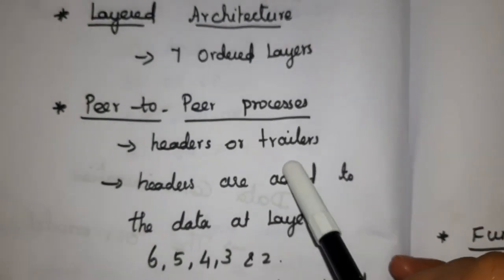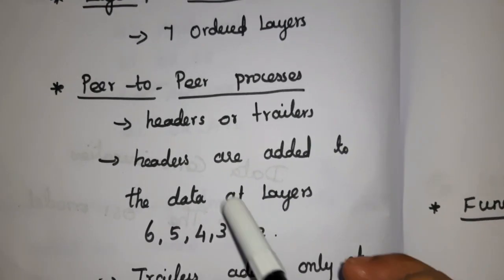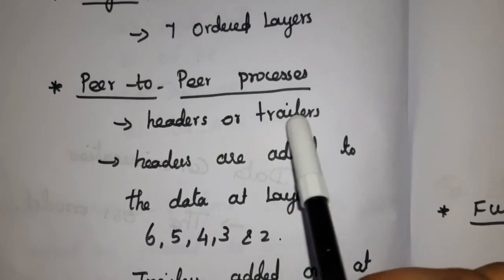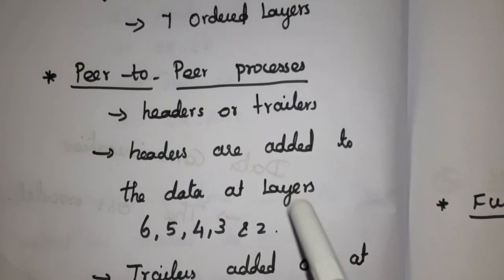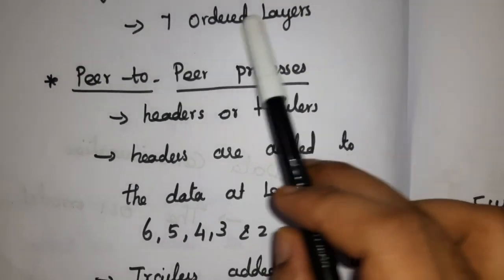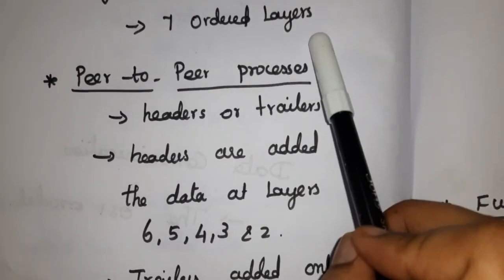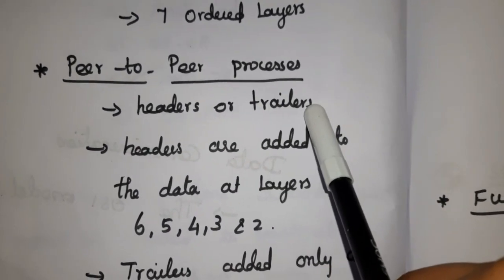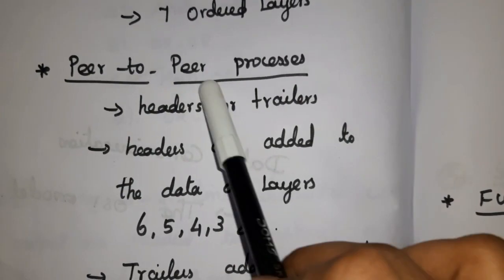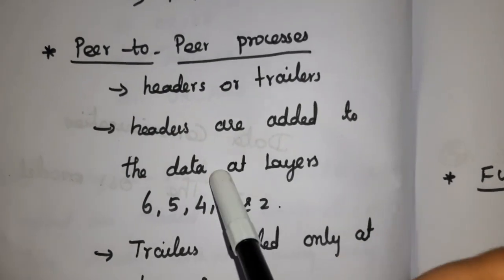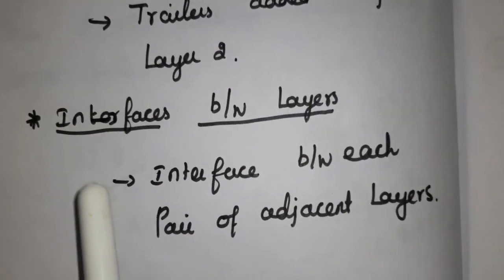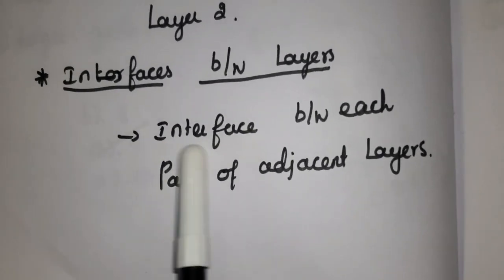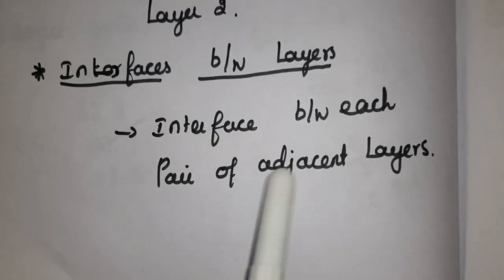Next we see the peer-to-peer process. In this process we include a header or trailer to the data to indicate the different types of layers. Each layer has a different header. These headers are added to the data at layers 6, 5, 4, 3 and 2, and the trailer is only added at layer 2. Next is the interfaces between the layers, which provide the interface between two adjacent layers.